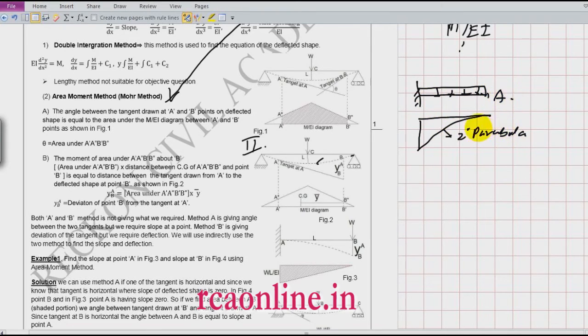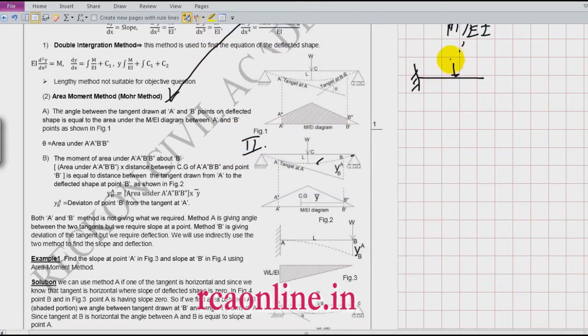So this is the limitation of the area moment method. Let us take another question which is very easy to solve by the area moment method.